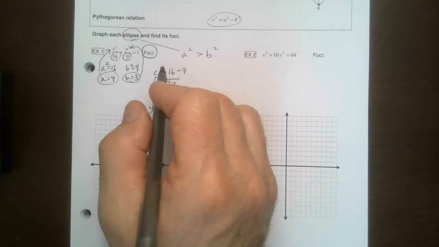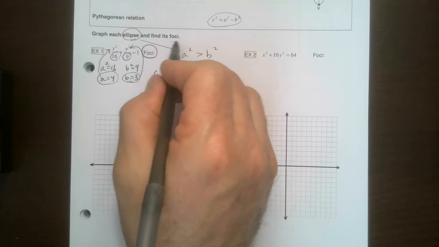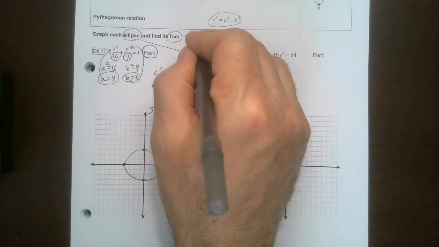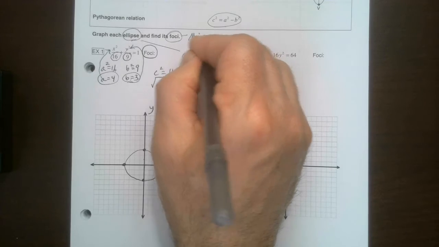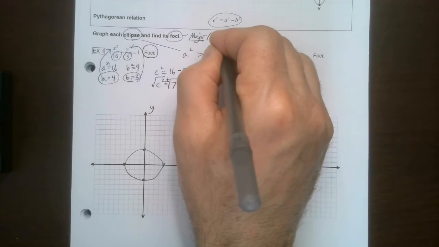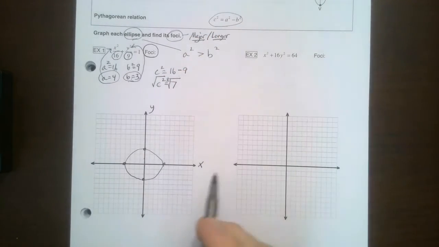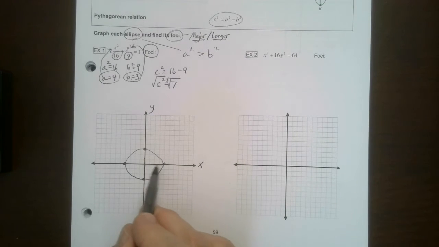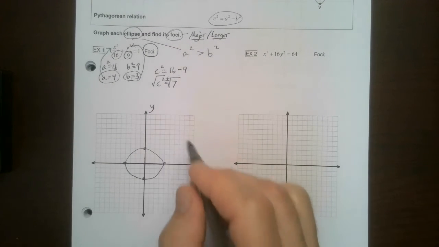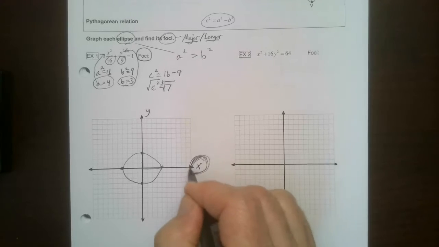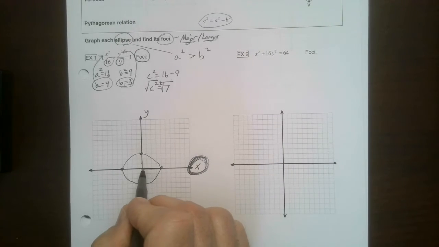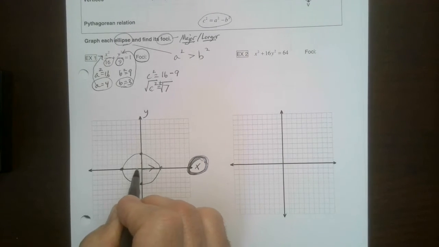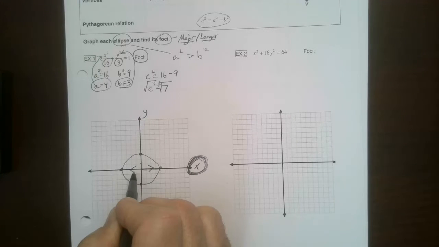I have to determine which axis the foci are on. Remember, the foci are always on the major axis, which means the longer one. In this case, this is 4, this is 3, so my x-axis is my major axis, which means I need to go this way, the square root of 7, and I need to go that way, the square root of 7.